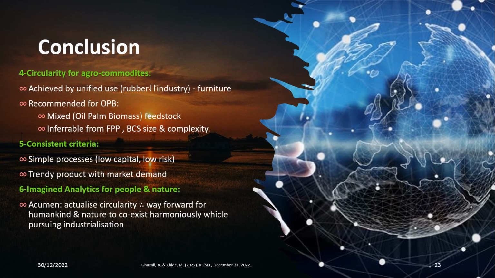Larger variety of biomass commodity and thus compositional and processing complexity of the oil palm biomass mixed feedstock used in a simple low-risk process for production of product in demand would be the way to model the size of rubber wood management captured in the rubber wood FPP framework.